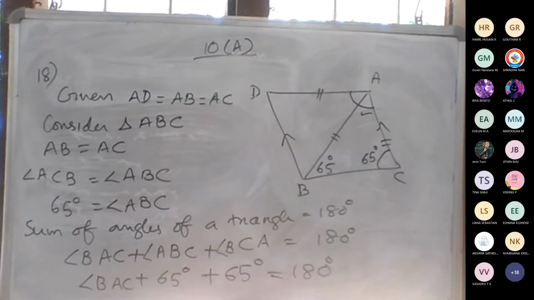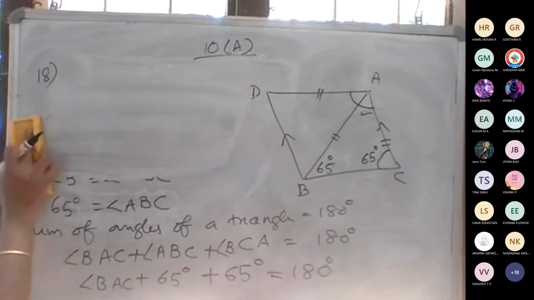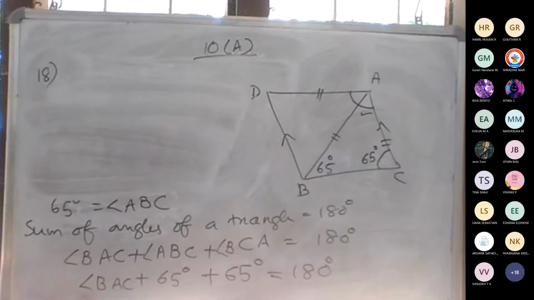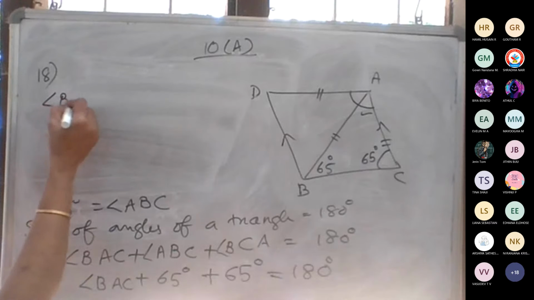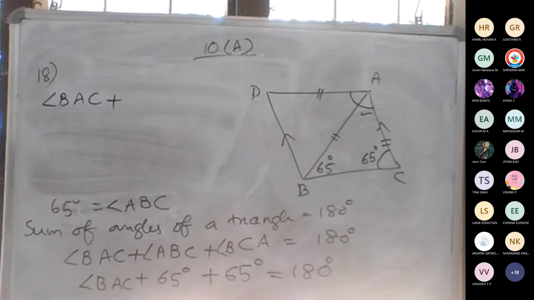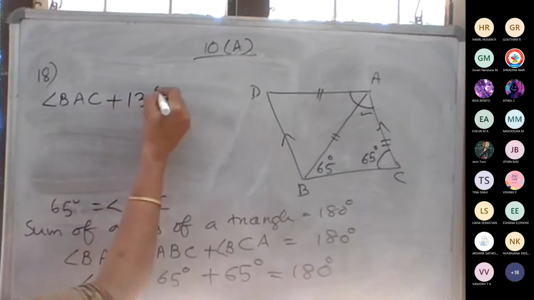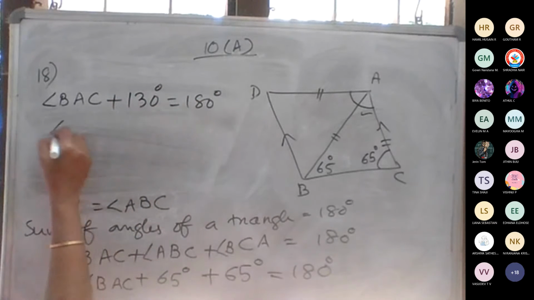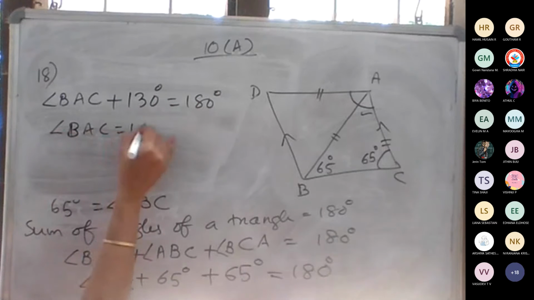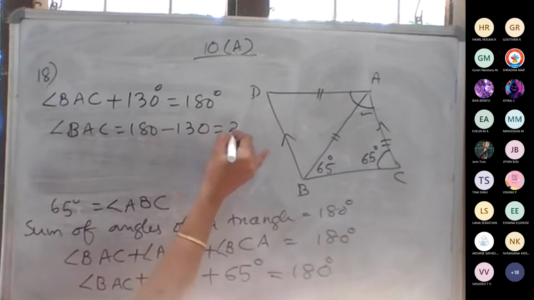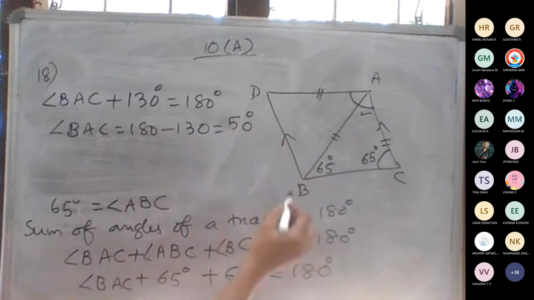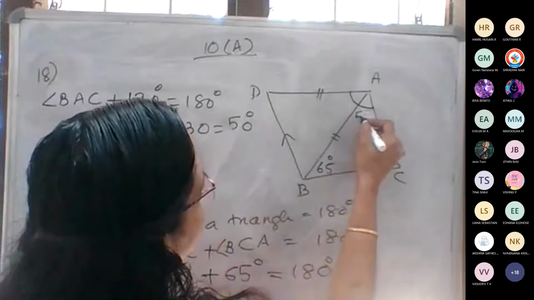Yes, ma'am. So, value of angle BAC: angle BAC plus 65 plus 65, that is 130, is equal to 180 degree. Therefore, angle BAC is equal to 180 minus 130, that is equal to 50 degree. So BAC here we got as 50 degree.